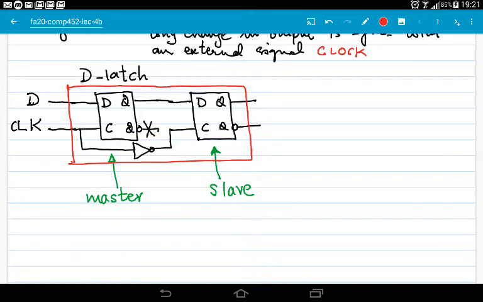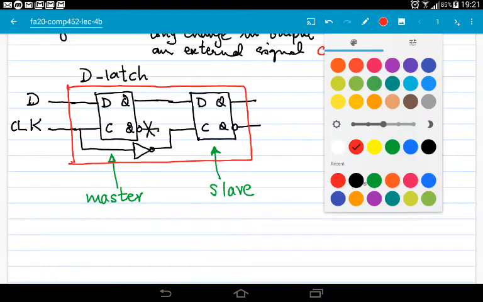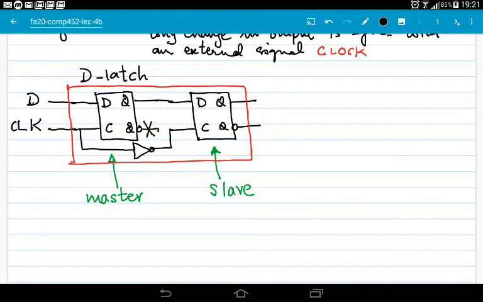Okay. Now let's analyze this circuit. Let's assume that at CLK input we give this signal.